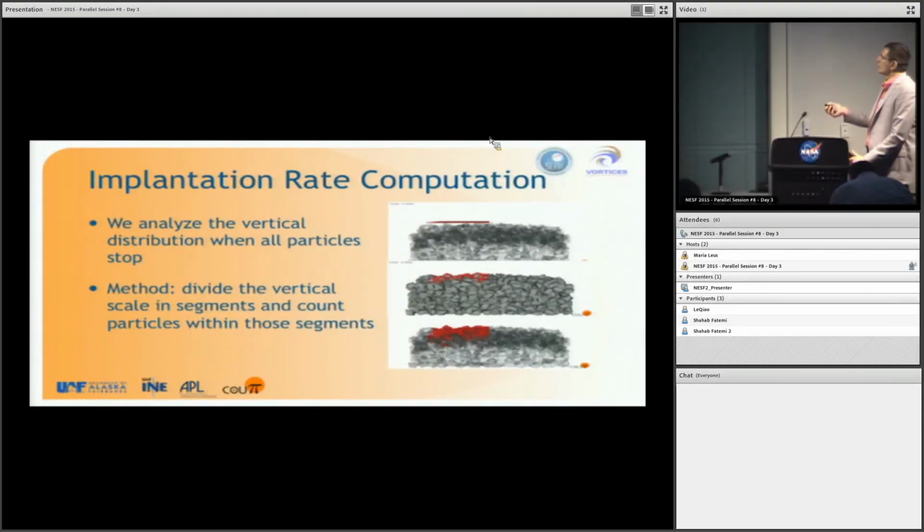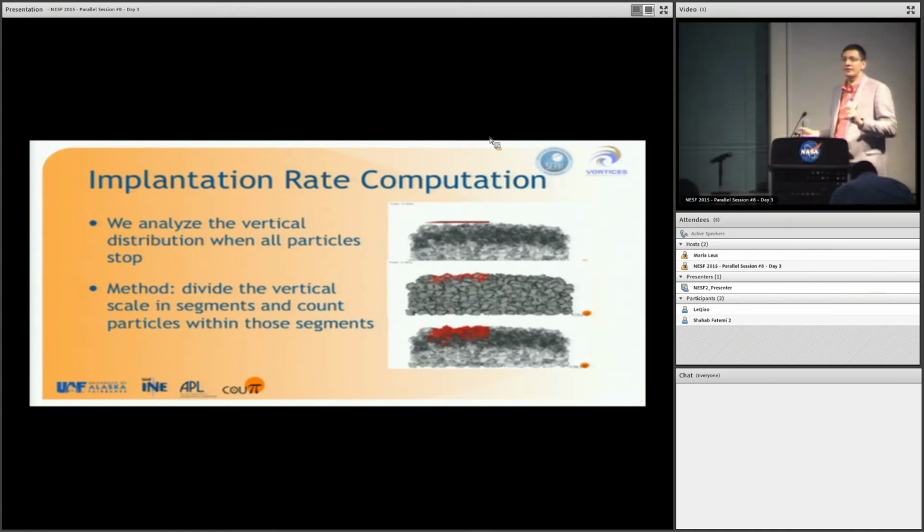To calculate the vertical distribution is pretty straightforward. We divide the vertical direction into segments, count the number of particles that get into each segment, and then divide by the total number of particles and the size of the segment, which produces the differential distribution.